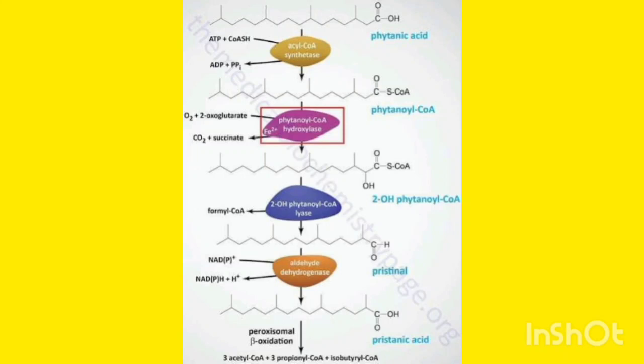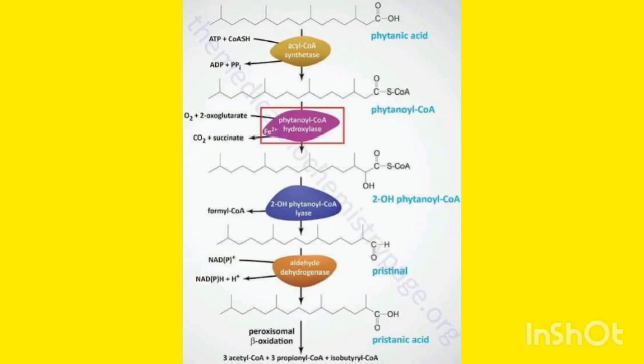Look at this pathway. This is the pathway by which phytanic acid is broken down inside our body. Now, what is phytanic acid? Let me give you an idea. Phytanic acid is a kind of fat present in certain food items like milk and meat, and inside the peroxisome it is broken down with the help of a particular enzyme, that is known as alpha oxidation of phytanic acid.